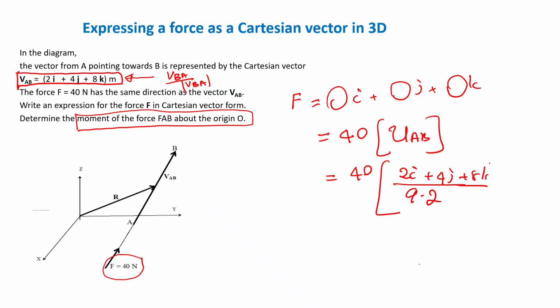You divide by this. So did you find the force? What times i? 40 times 2 divided by 9.2, 8.8i.